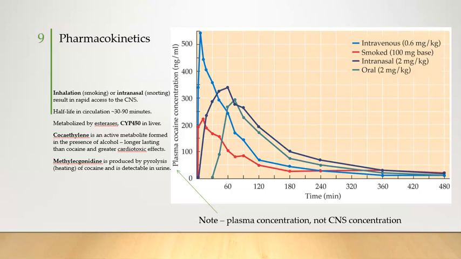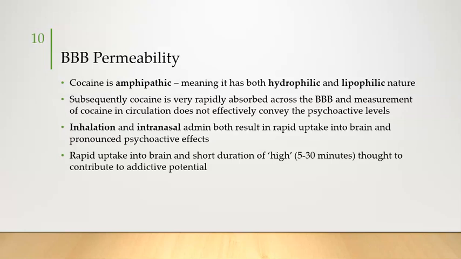So this is showing how it all gets into our central nervous system quickly, into the plasma quickly, but can it cross the blood-brain barrier? Turns out, yes. Cocaine is very easily able to cross the blood-brain barrier. And that's because cocaine is amphipathic. That means that it's both hydrophilic and lipophilic.